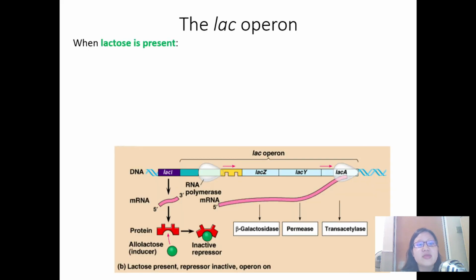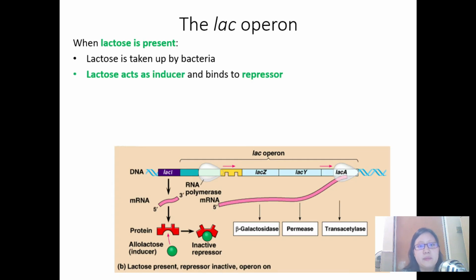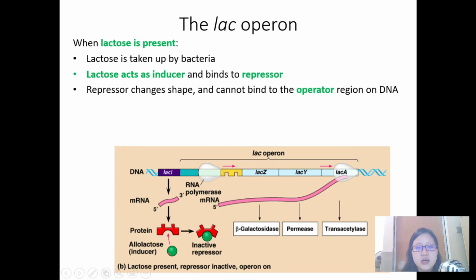What happens when there is lactose? Now lactose, when it's present, is taken up by bacteria. Lactose then acts as an inducer, as we mentioned just now, and binds to the repressor. Now again, the repressor is produced all the time, but now since lactose is present, it acts as an inducer. The repressor is inactivated.